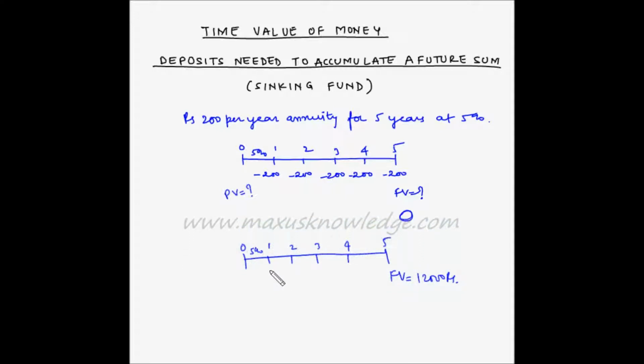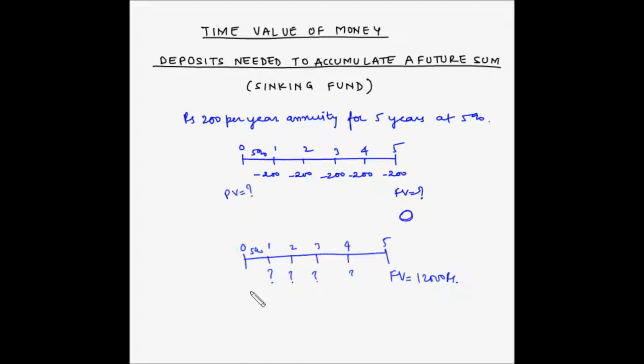So in this case, we have to find out how much should be deposited at the end of each of the 5 years so that we get an amount of 12,000 rupees at the end of the tenure when the bank is paying 5% interest per annum. So how much is this amount? So this is a typical example of a sinking fund.